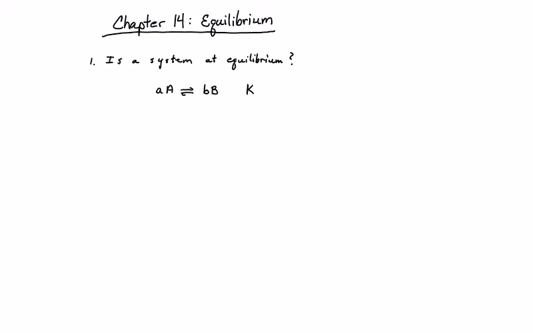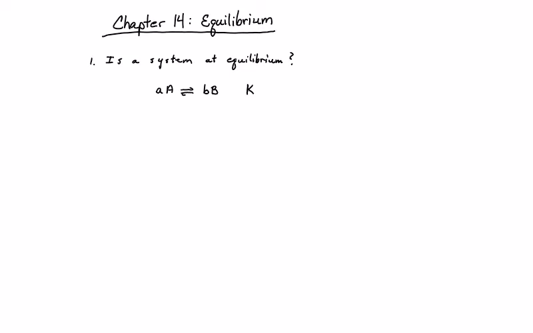Remember, the equilibrium constant tells us where the position of the equilibrium is going to lie. So we can have a number that is much greater than 1, where we would have mostly products. We could have a number equal to 1, where we have kind of an equal mix of reactants and products, or we could have a value that's less than 1, where we have mostly reactants and very little products.